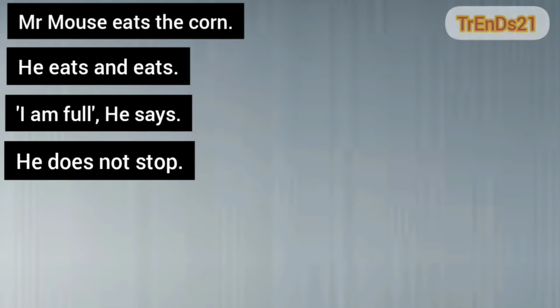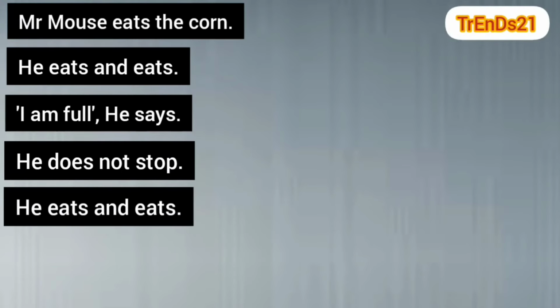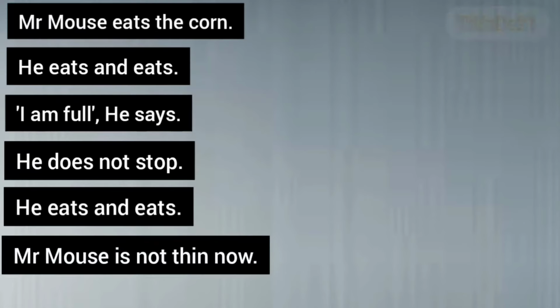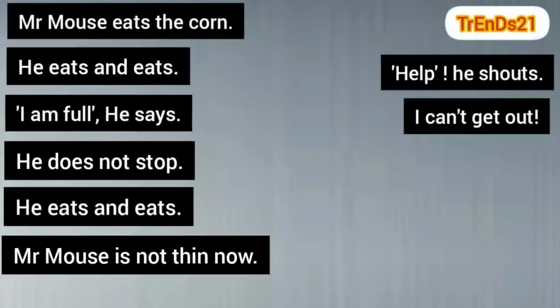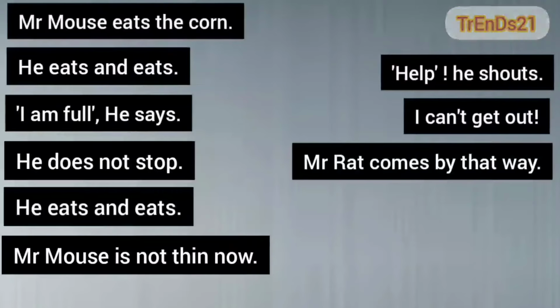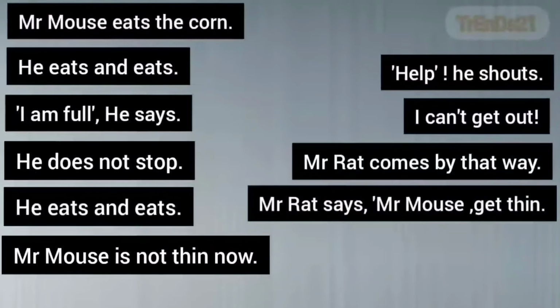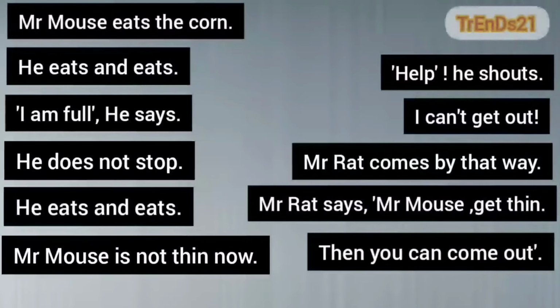He does not stop. He eats and eats. Mr. Mouse is not thin now. Help, he shouts. I can't get out. Mr. Rat comes by that way. Mr. Rat says, Mr. Mouse, get thin, then you can come out.